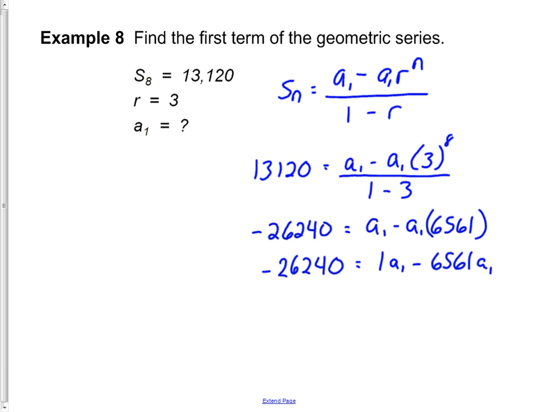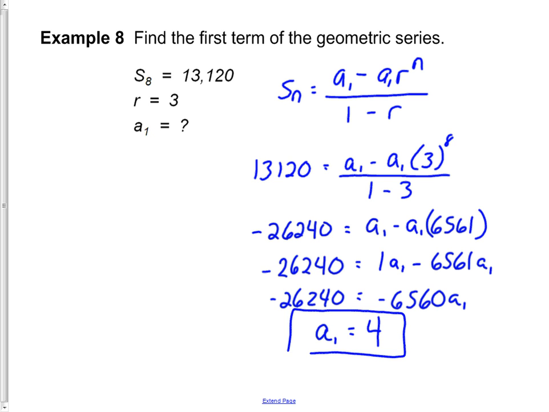If I combine like terms on the right-hand side, that should give me a negative 6560a sub 1. Dividing both sides by negative 6560, a sub 1, which is the first term of the sequence, should be 4. Find the first term of the geometric series. First term should be 4.